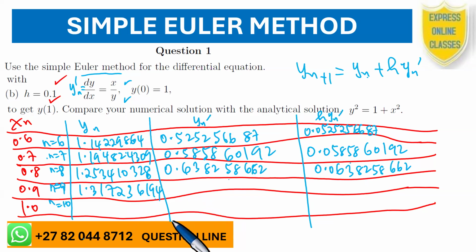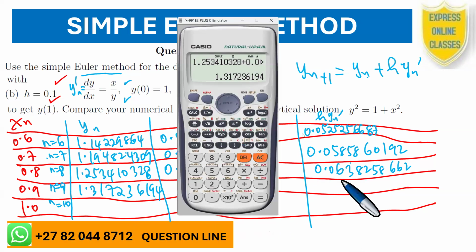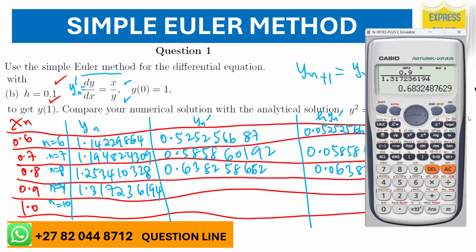So now in this case, you then divide the x by the y. 0.9 divided by 1.317236194 is 0.6832487629.